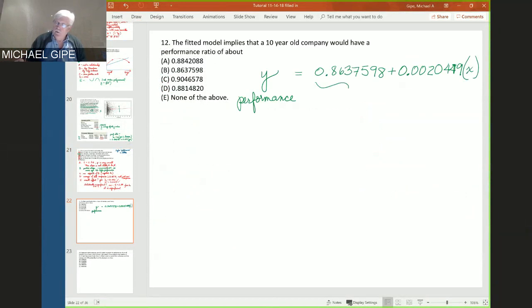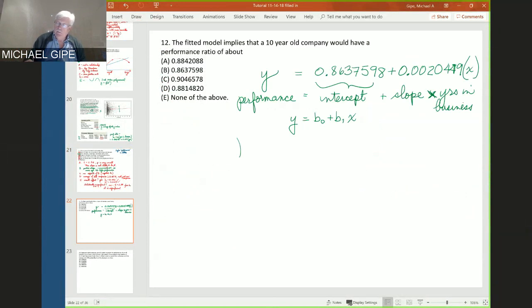Well, this is the intercept, some constant, plus the slope times years in business. Or y equals b0 plus b1 times x.